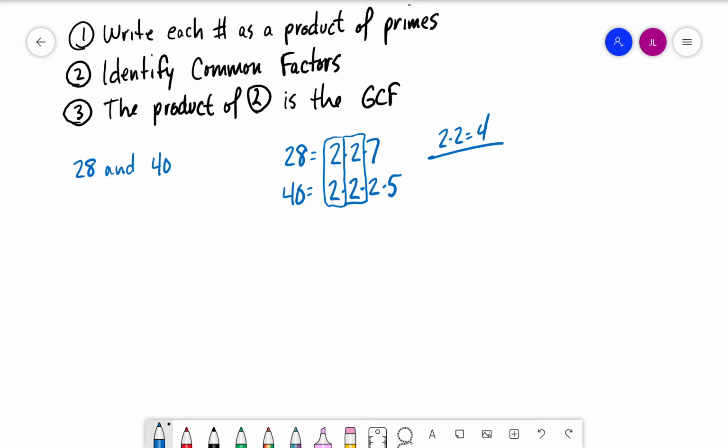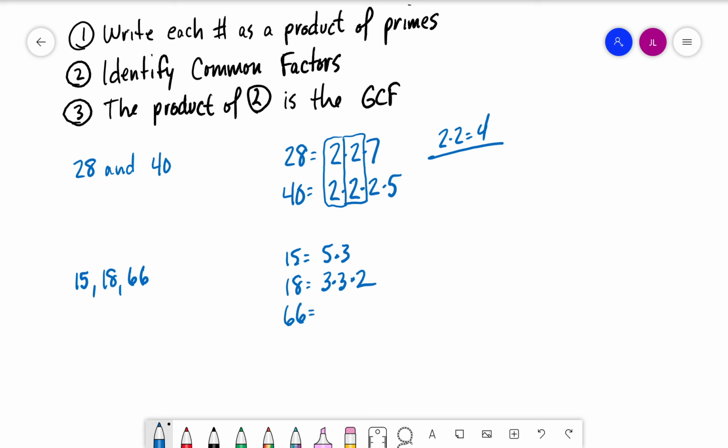Now, let's look at 3 numbers. Let's say we have 15, 18, and 66. Okay. If we break 15 down, that's 5 times 3. 18 is 3 times 3 times 2. 66 is going to be a little different.